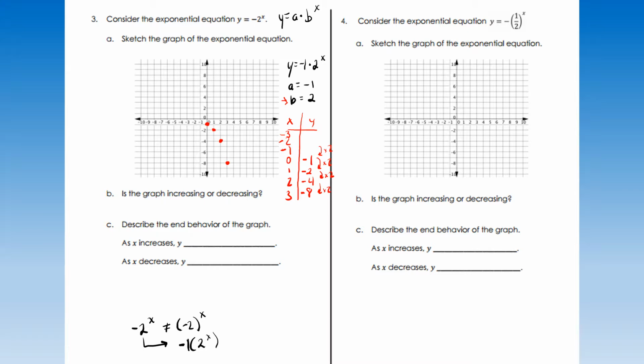Well, in order to multiply by 2 and end up at -1, I must have had -1/2. -1/2 times 2 is -1. So -1 is at -1/2. And the one before that then would be -1/4. And the one before that would be -1/8. So what's happening on this side is that the fractions are getting smaller and smaller and smaller. So my graph is going to look something like this.